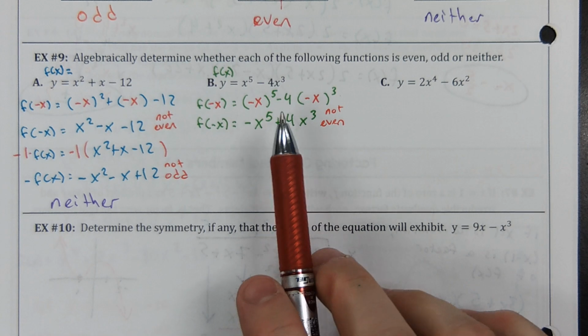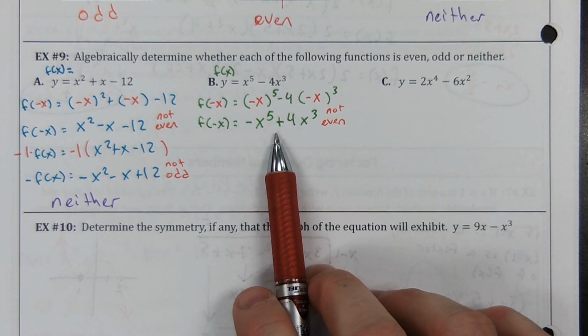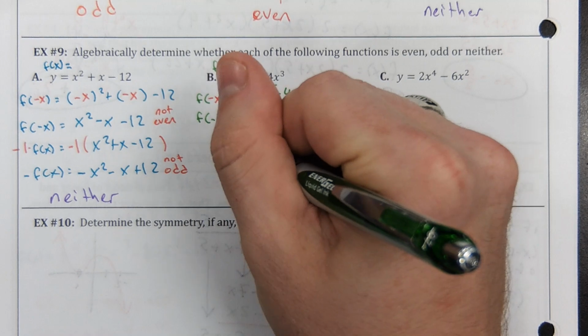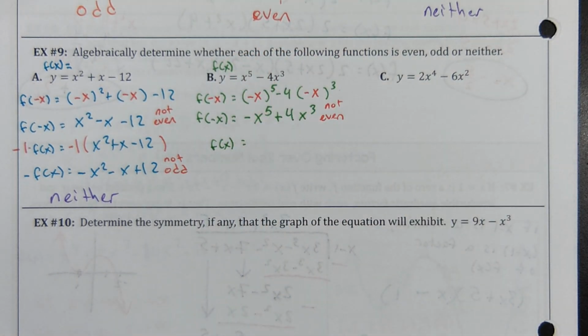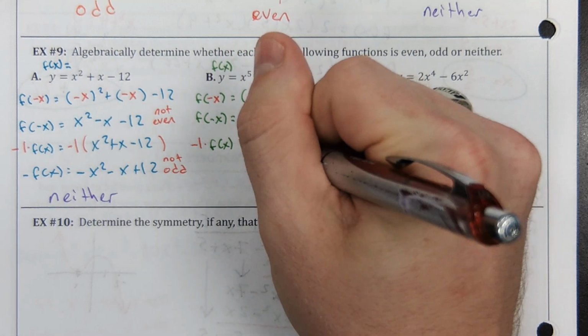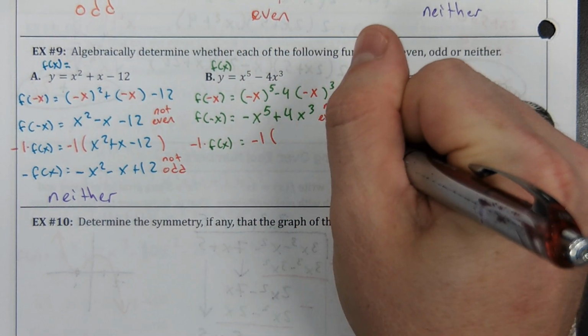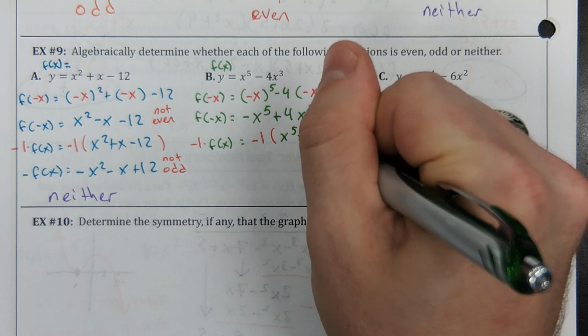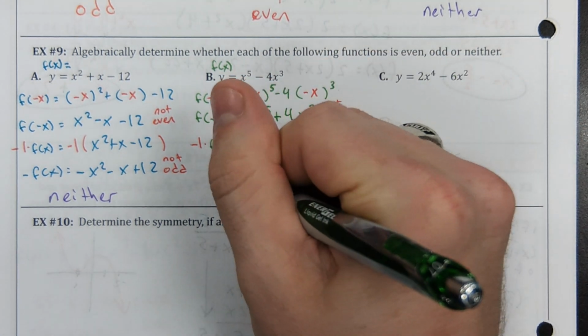But then we compared this result to what would we have gotten if we just multiplied by negative 1? So we wrap the whole thing in a set of parentheses. We throw a negative 1 on the outside. We distribute to see what we get.